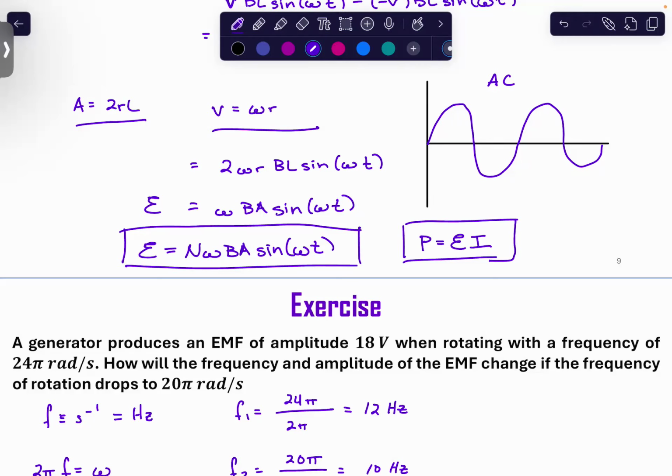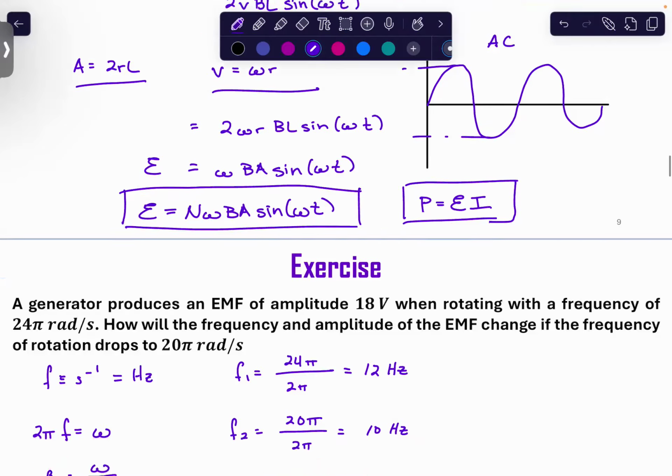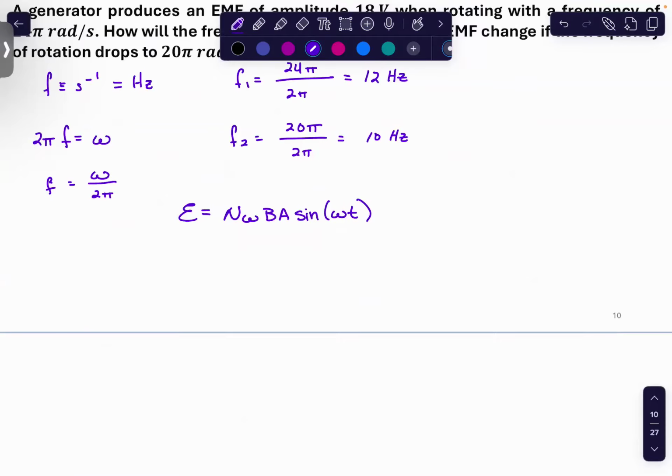It's both up and down. Where? The peaks. Those are your amplitudes. So that is going to be your maximum EMF.